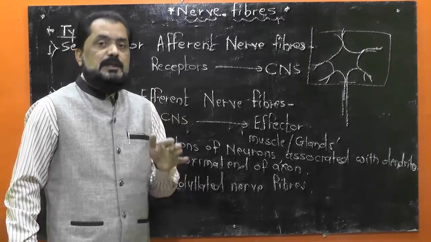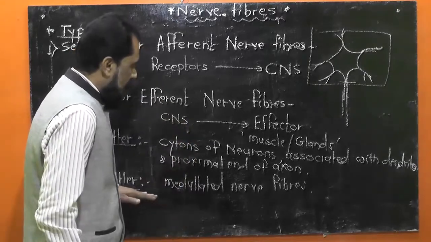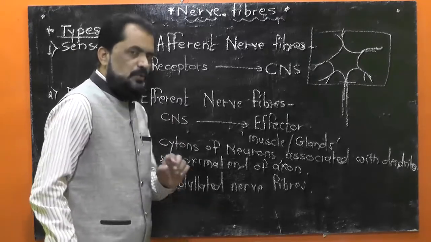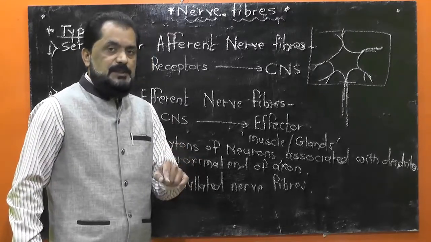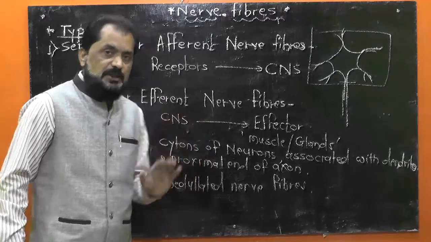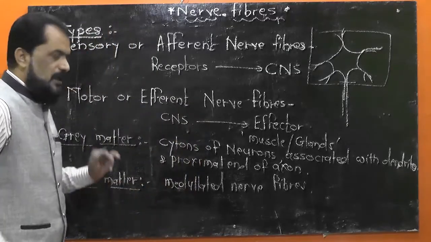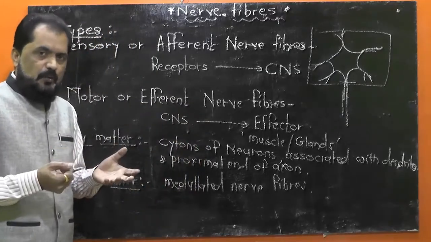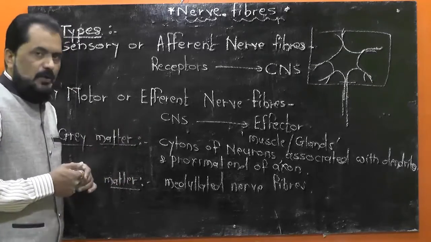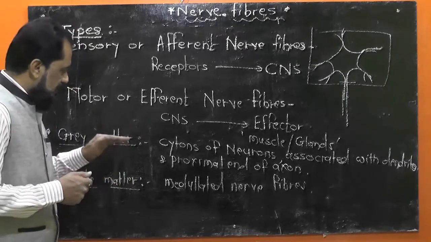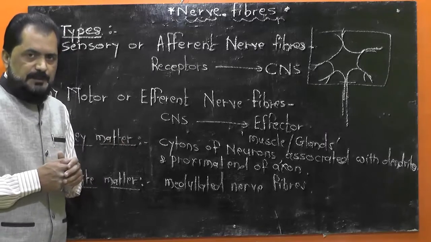Thus the nervous tissue in which abundant such white colored nerve fibers are present appears whitish in color and hence is known as the white matter. Of course, the brain and spinal cord consist of gray matter as well as white matter.